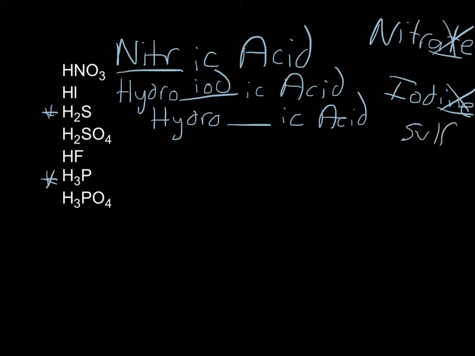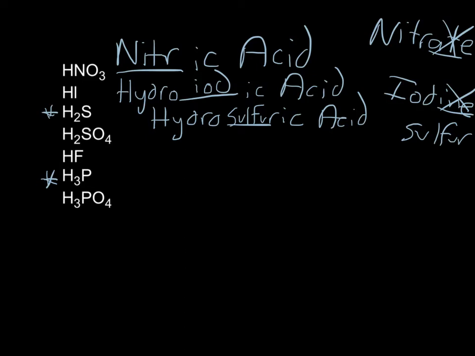That's sulfur, and they just plug that in instead of shortening it to something smaller. So they just plug in the term sulfur, and I get hydrosulfuric acid. There's no way of really shortening that one. And you wouldn't really know that unless you experienced seeing this acid over and over and internalized it. But we're going to see it a lot, so make sure that you write down sulfuric.